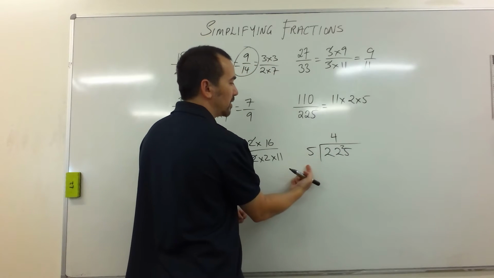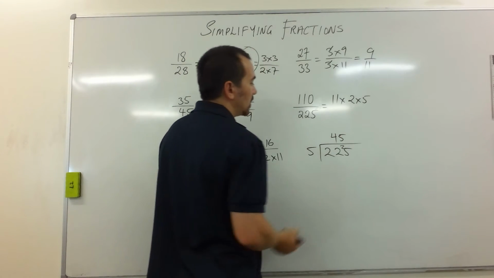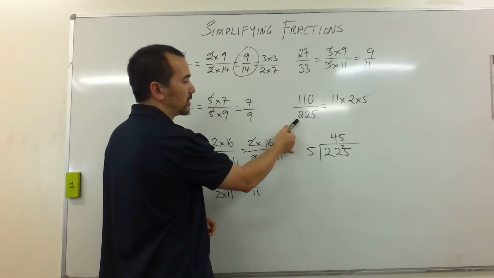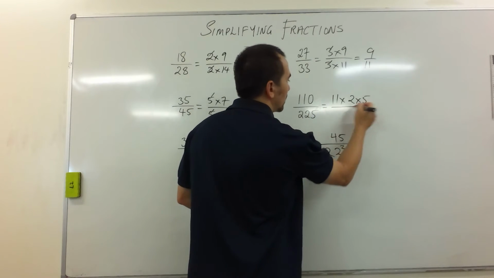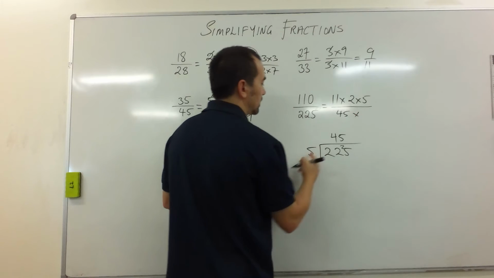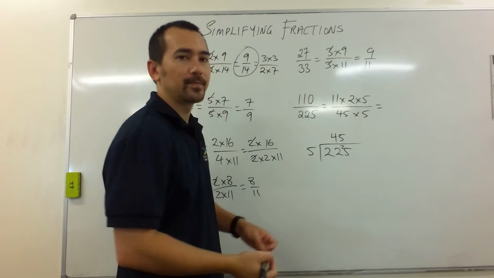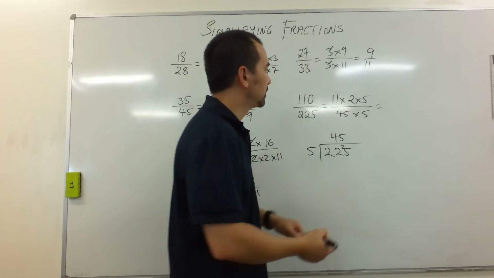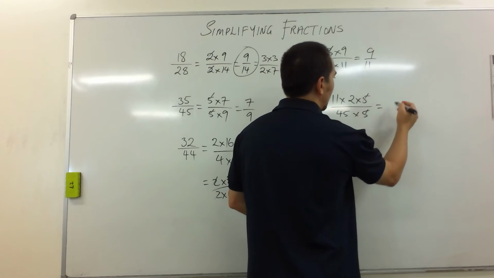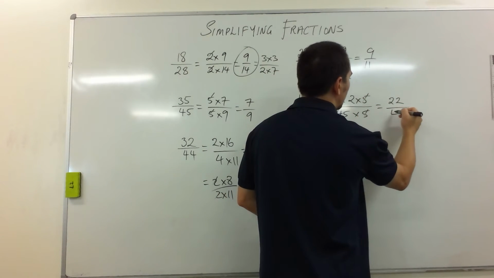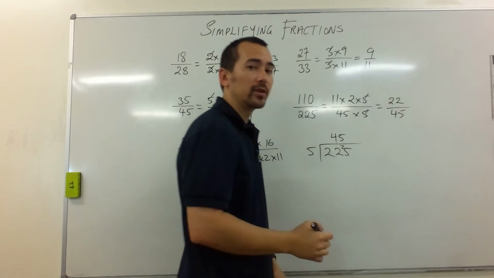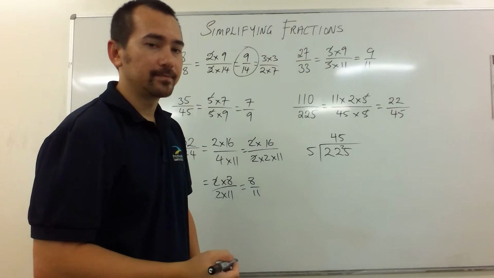Then 25 divided by 5 is 5. So in other words, 225 is the same as 45 times 5. We can see that this is going to cancel, and we're left with 22 over 45 as our final answer.